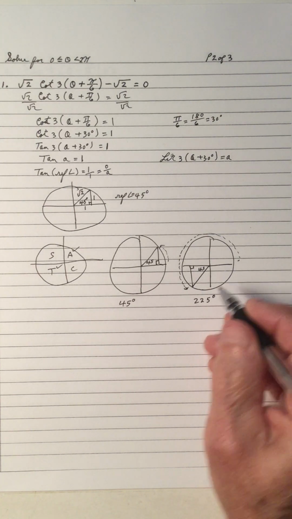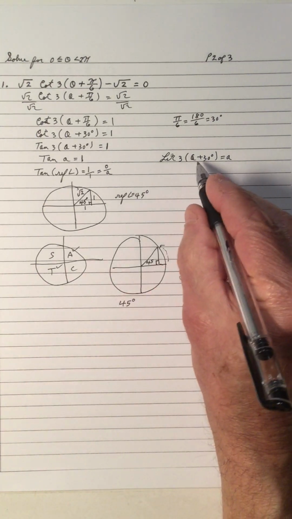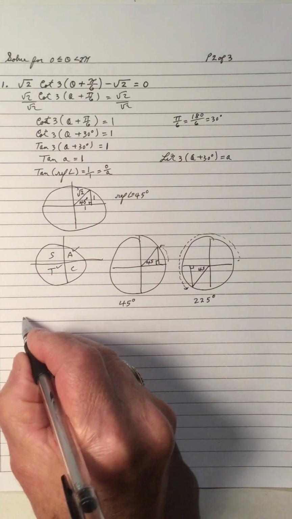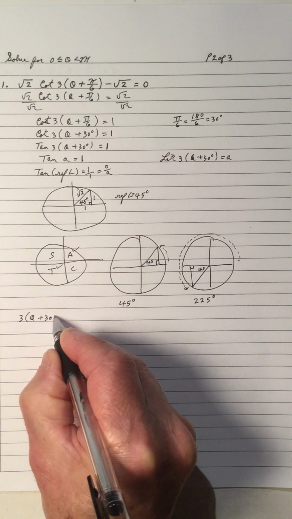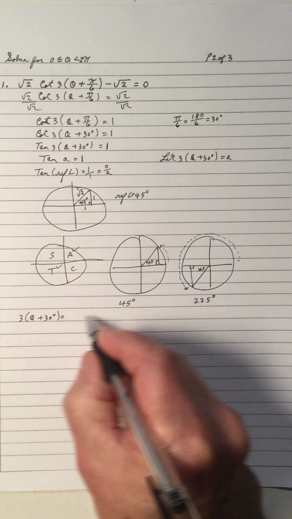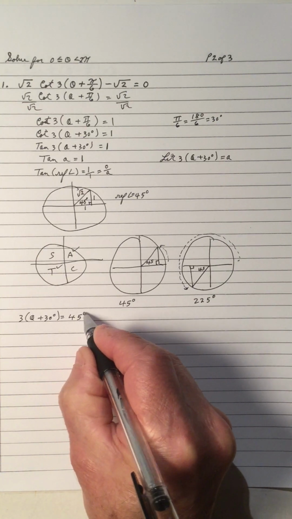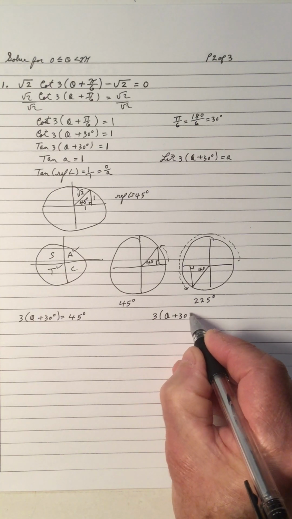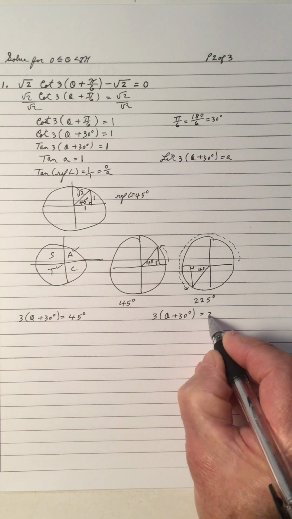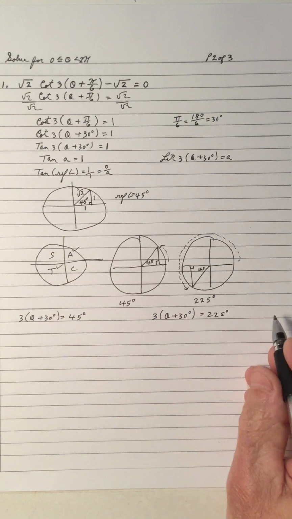Now we have 3 theta plus 30 degrees is equal to 45, and 3 theta plus 30 is equal to 225.